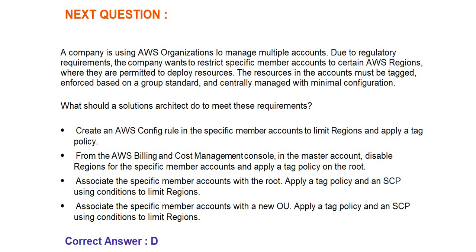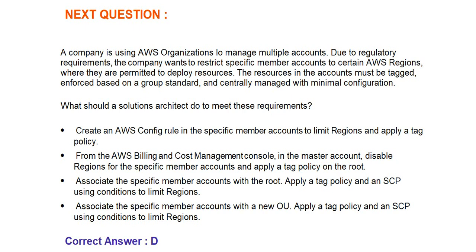Option C. Associate the specific member accounts with the root. Apply a tag policy and an SCP using conditions to limit regions. Option D. Associate the specific member accounts with a new OU. Apply a tag policy and an SCP using conditions to limit regions.